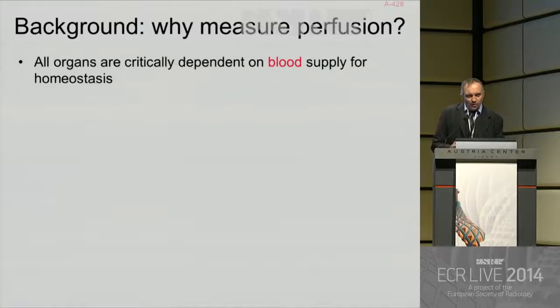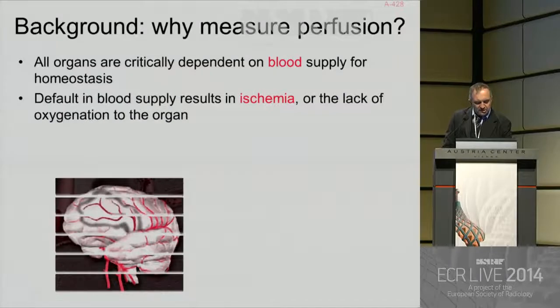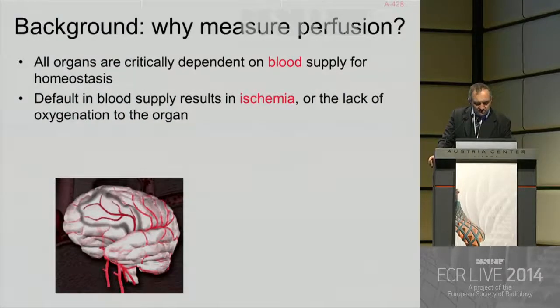Well, if all organs rely on blood supply for homeostasis, you could have basically two main reasons why perfusion could be clinically important. The first is the one which is very well known, in stroke: if you don't have blood, then that would result in ischemia.